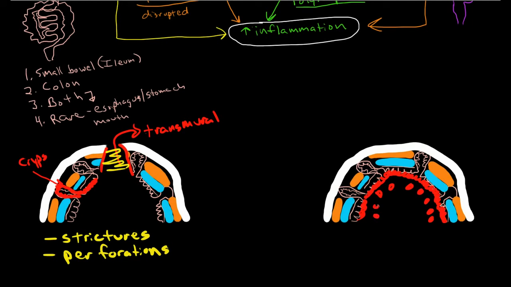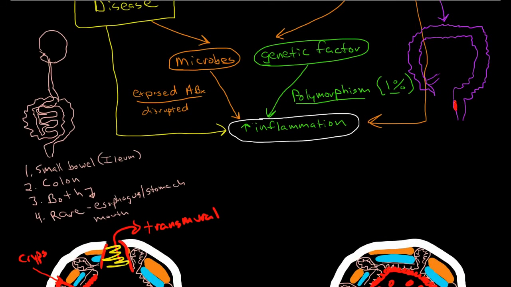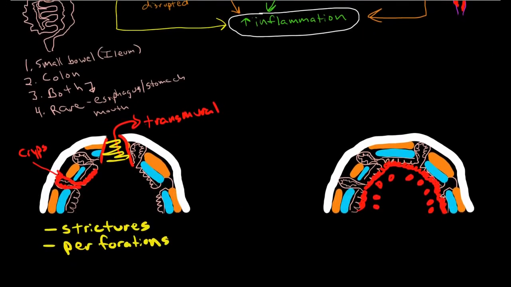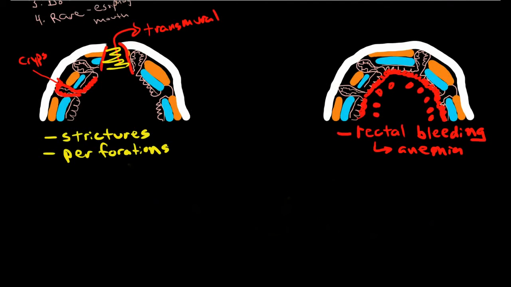Again, with ulcerative colitis, it tends to start in the rectum, and then it slowly and steadily works its way upwards as the disease progresses. So major issues with ulcerative colitis are rectal bleeding, and it can actually lead to anemia. That's how the diseases are different.